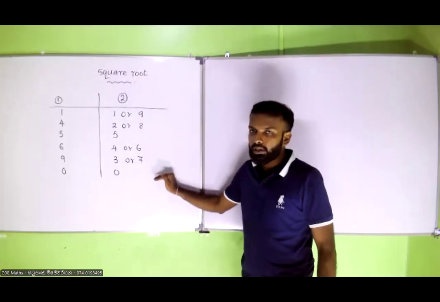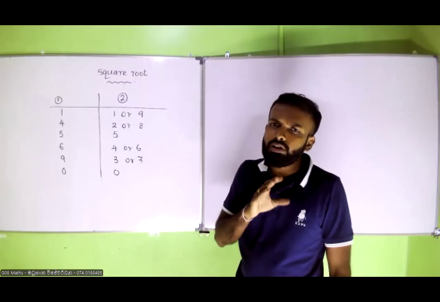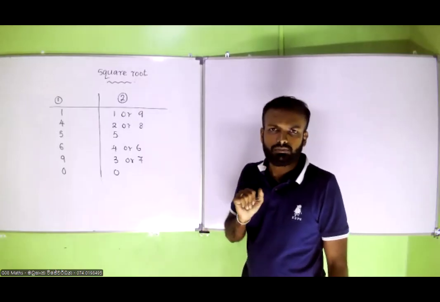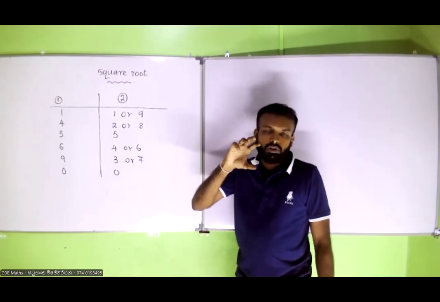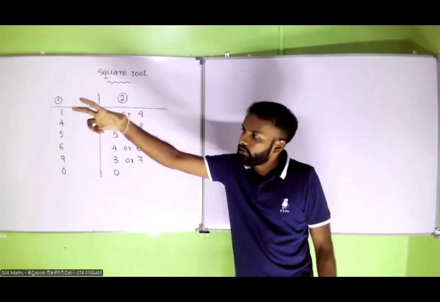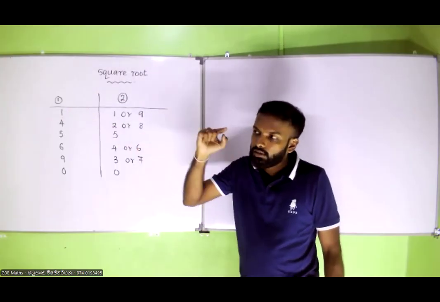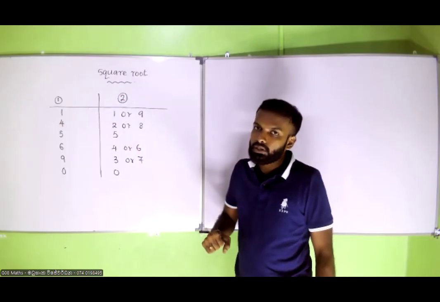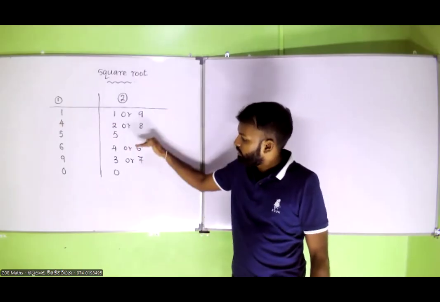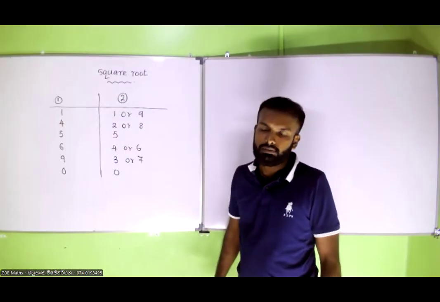By using this table, we can only find the square roots of numbers between 101 and 1000. So if we have been given a perfect square between 101 and 1000, then we can find the square root of that particular number by using this table. Now let's see how to find that.